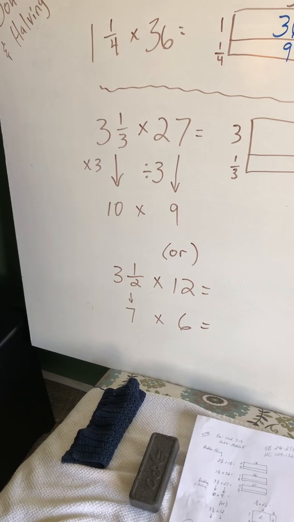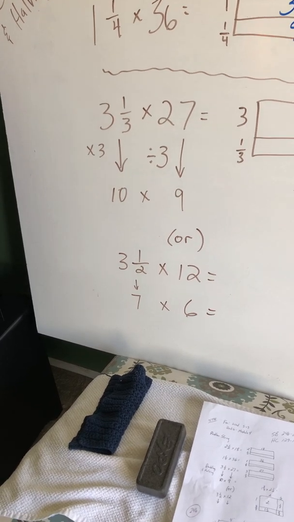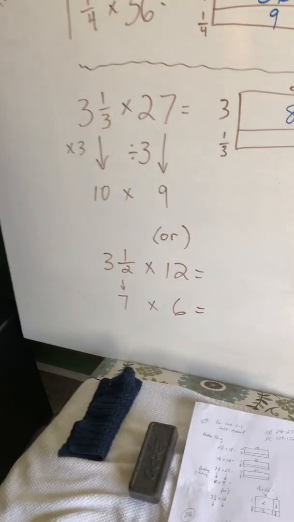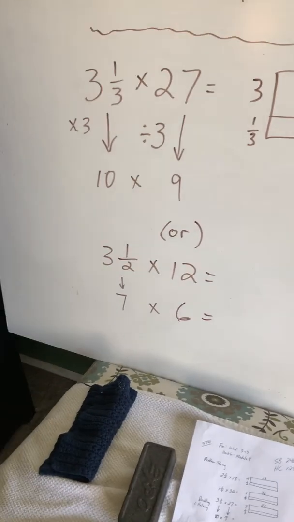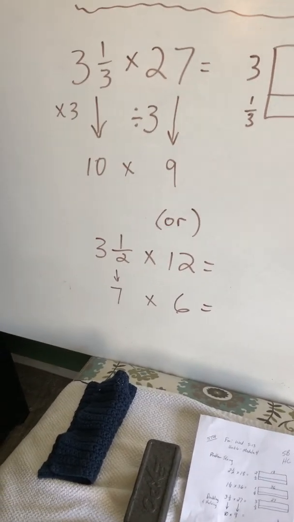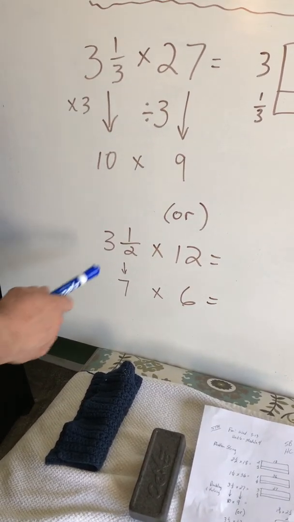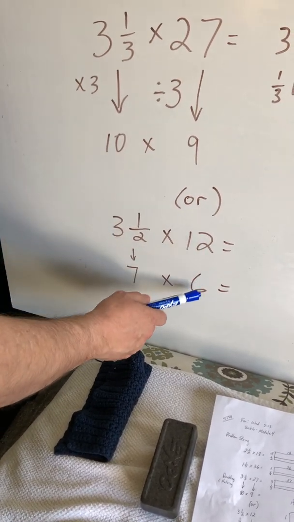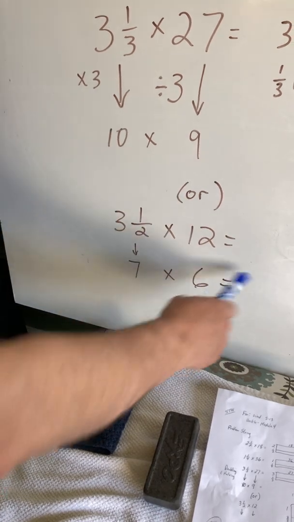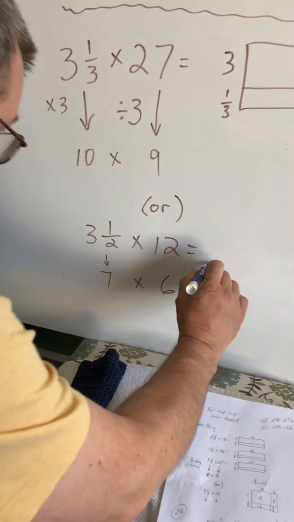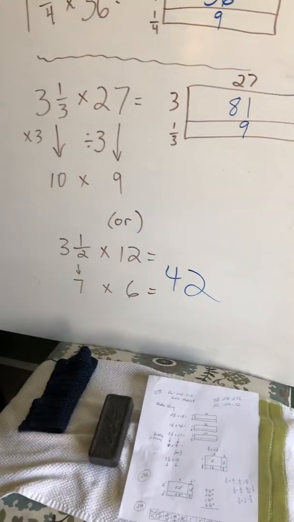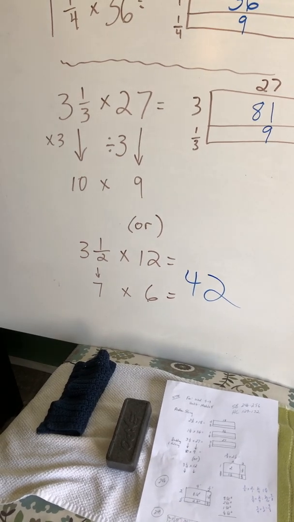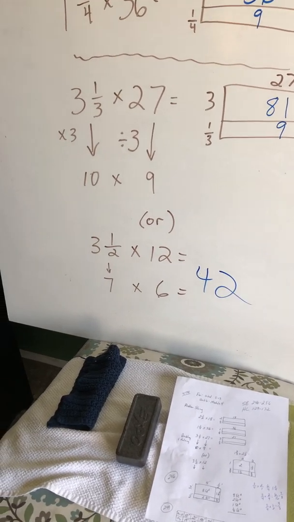Okay, now the bottom one is kind of like, hey, if you ended up with a problem like this, you don't have to worry about doing an area model. You don't have to worry about doing a mixed number or an improper fraction. If you double 3 1/2, you get 7. And if you cut 12 1/2, you get 6. Both of these are 42, because of doubling and halving again, okay?